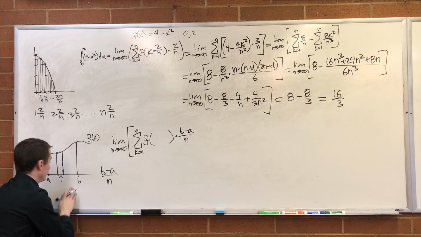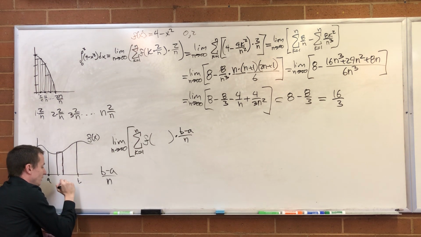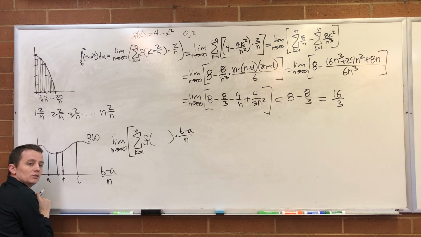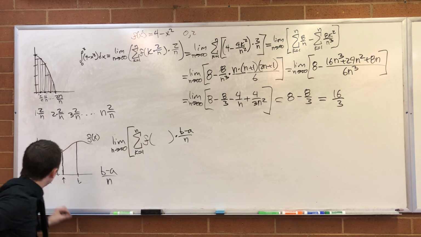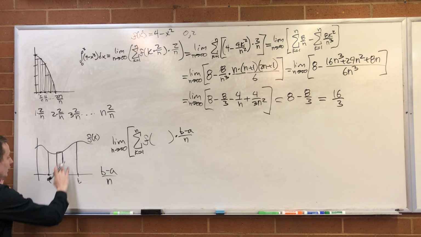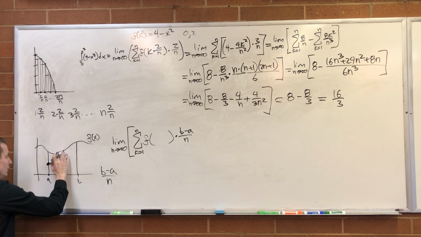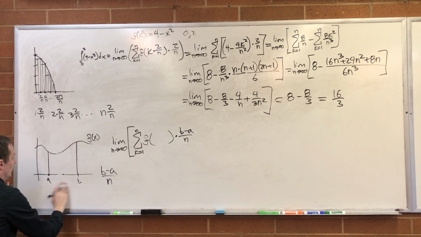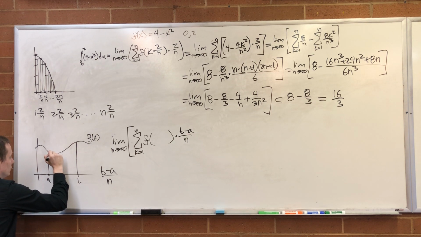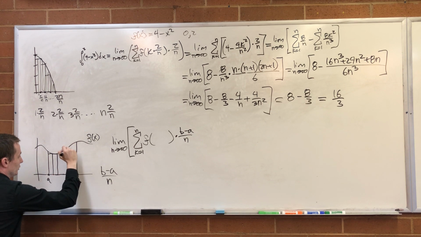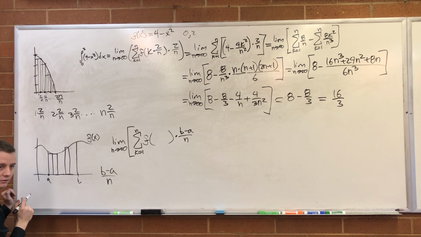Now the height, we need to figure out what the right point is right there. Now for our first rectangle, let's do our first rectangle and our second rectangle, and then we'll do our kth rectangle.